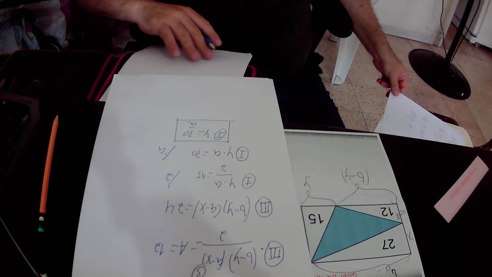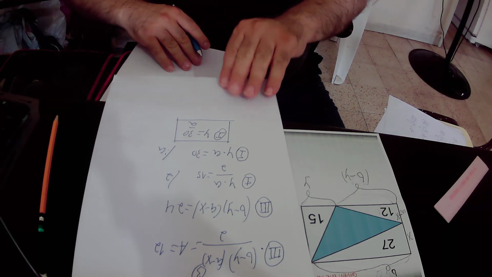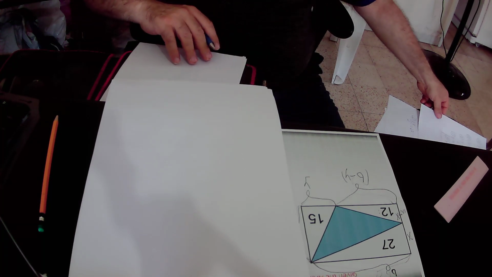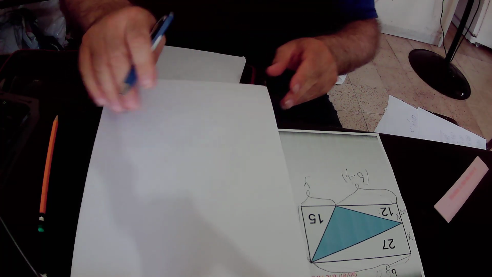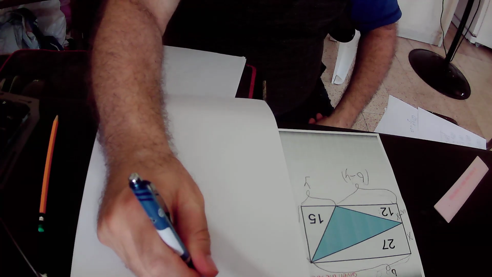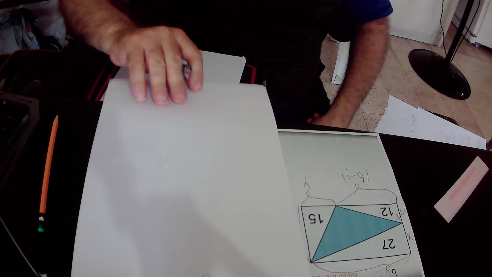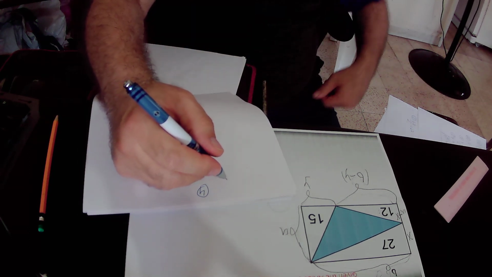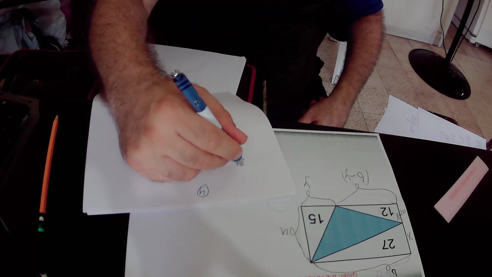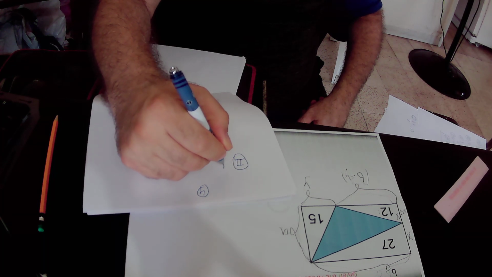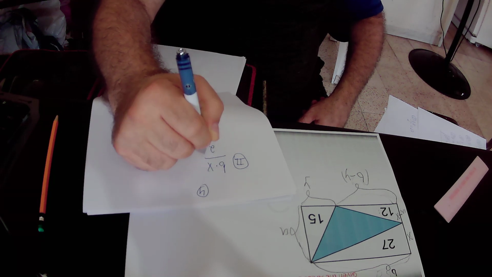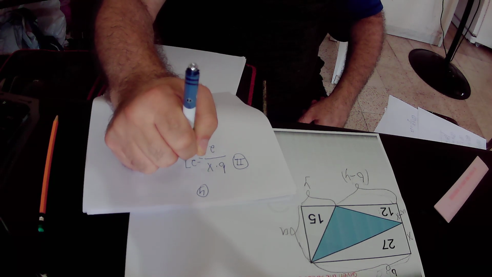So we have the second equation, which is actually b times x divided by 2 equals 27.